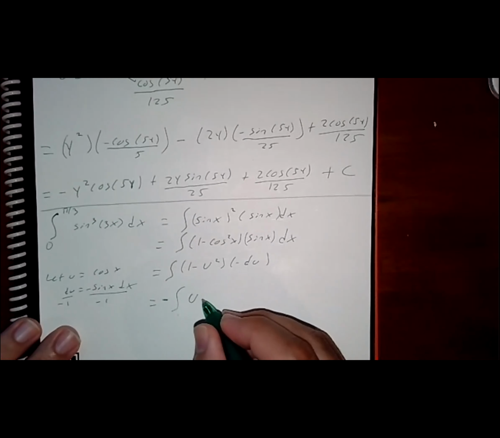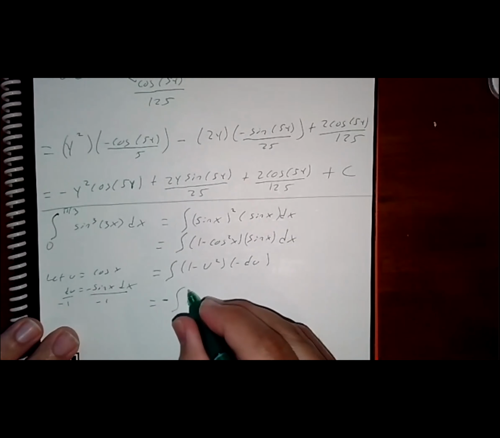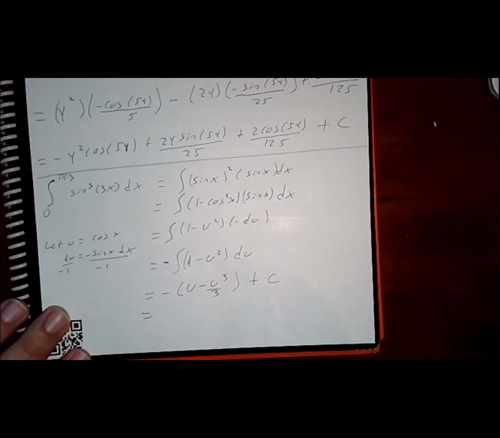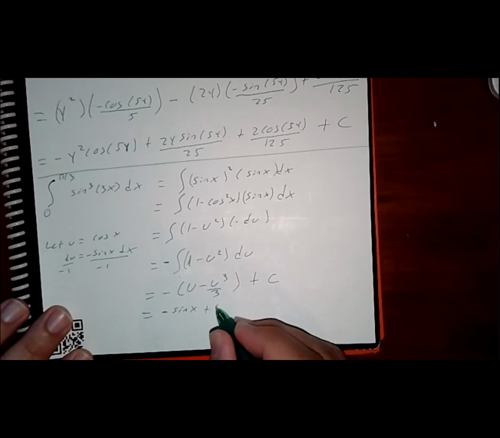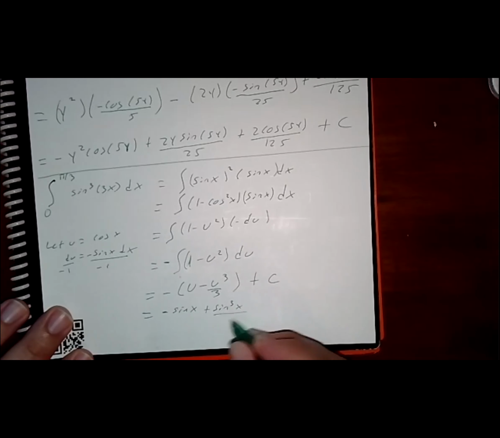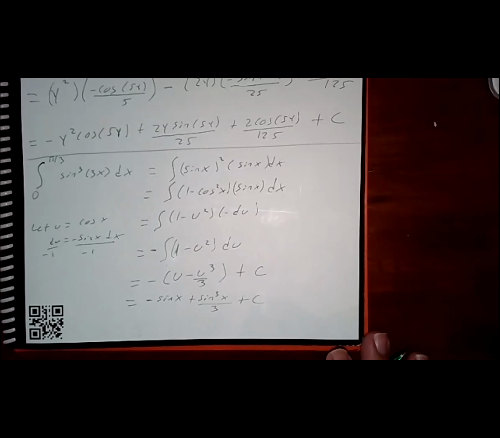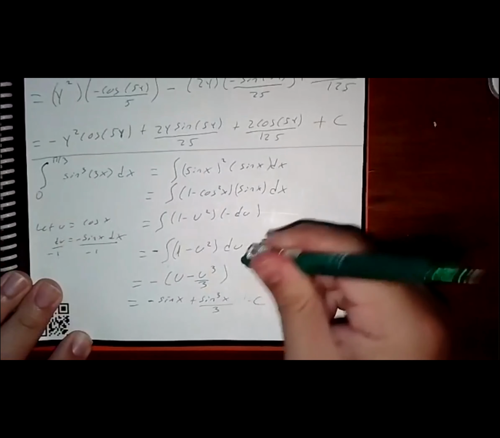So that'll be u. So that'll be negative u minus u cubed over 3, which is actually negative sine x plus sine cubed x over 3. So it was those types. And then of course, actually there were bounds, but we'll just skip that part for now.